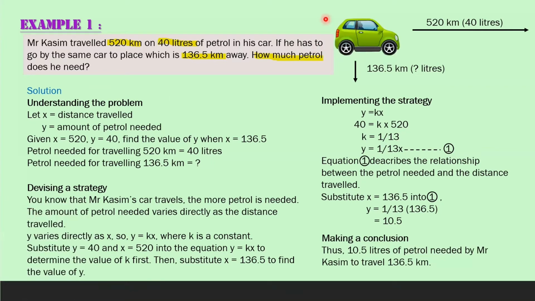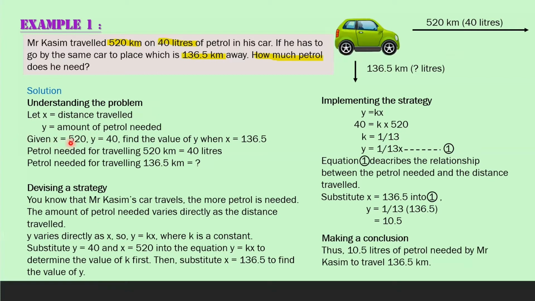Here is a diagram for you all to easily understand what the question is asking. Okay, start. Understanding the problem first. Let x equal the distance traveled, y equal the amount of petrol needed.